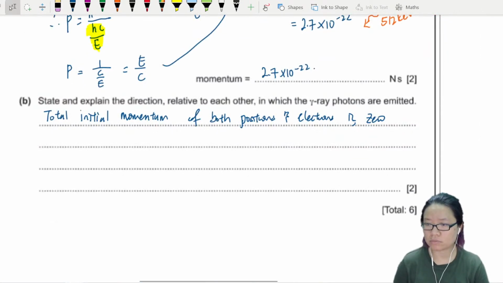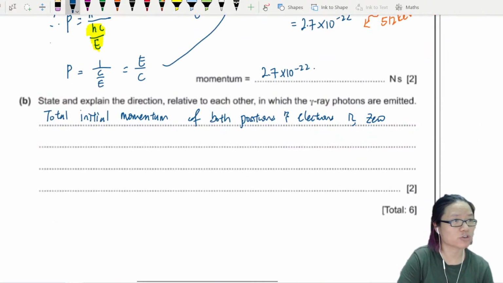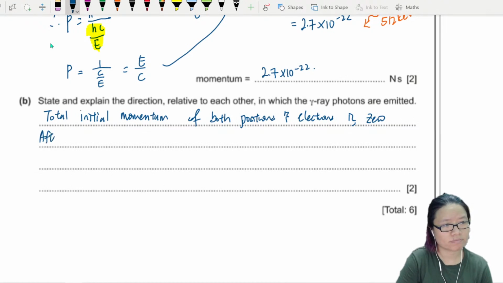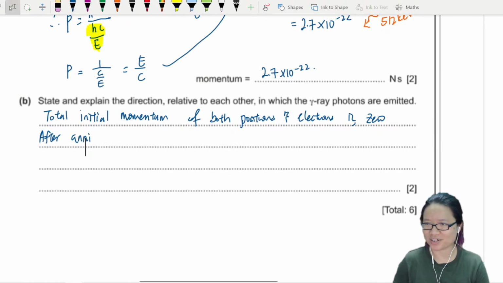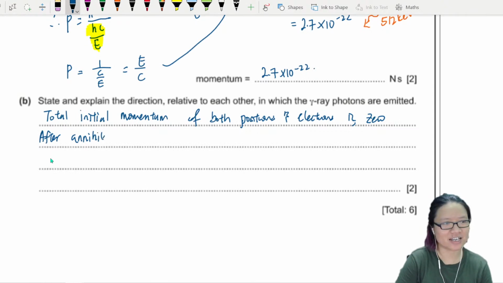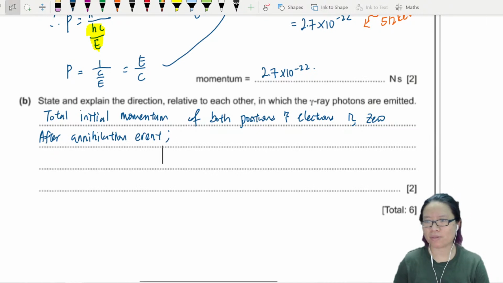Okay. So after the reaction, or after the annihilation, let's use the word annihilation, new word. After the annihilation event, what happens?